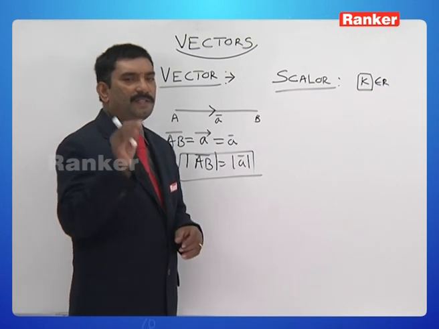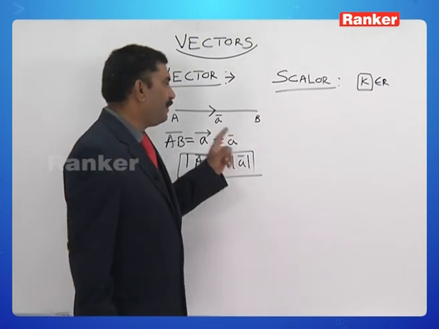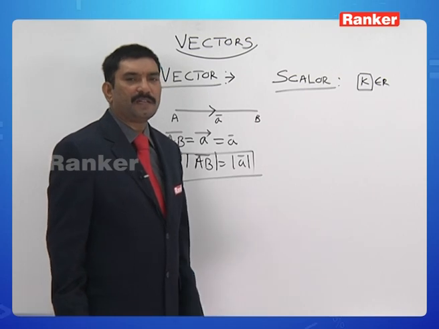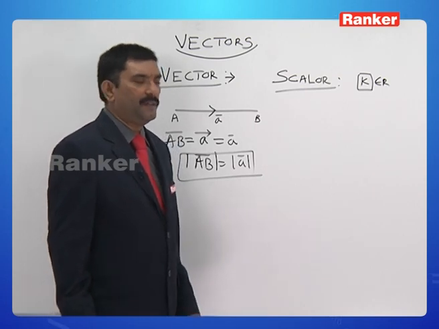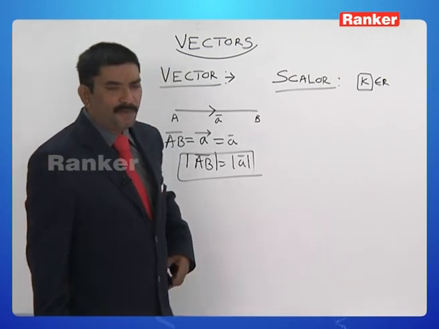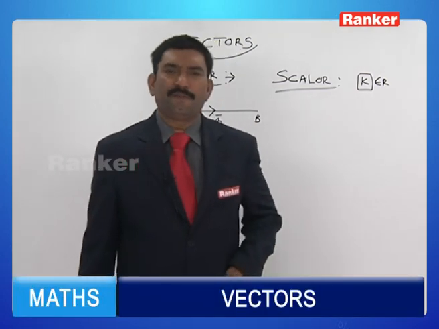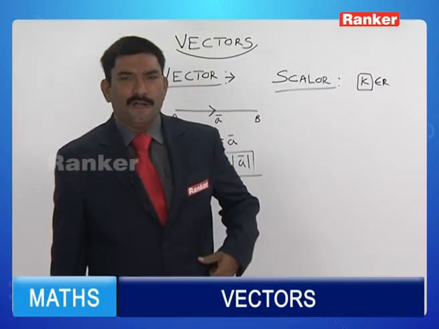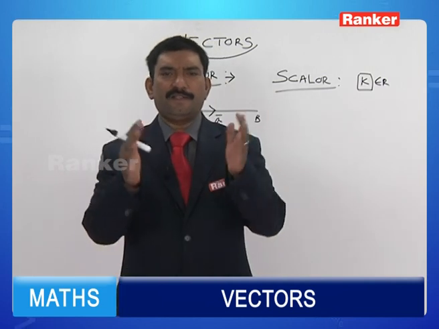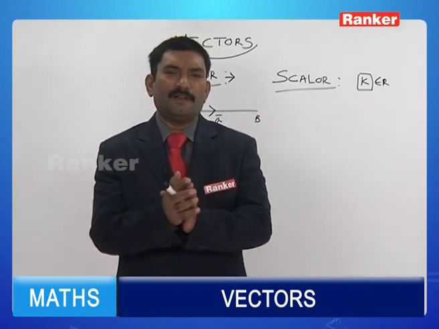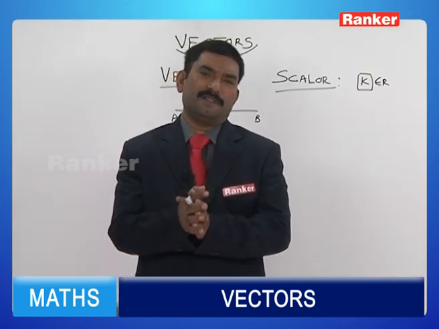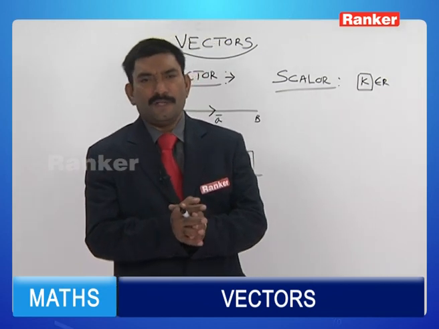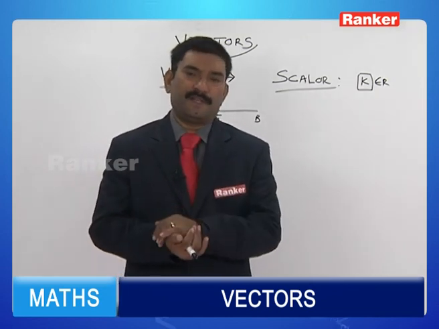Every scalar is denoted by a real number, every vector is denoted by a directed line segment. After knowing the definitions of a vector and a scalar, let us discuss the classification of vectors, the varieties of vectors, that is, types of vectors.